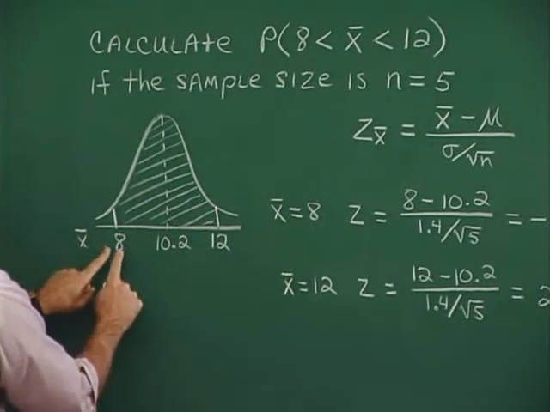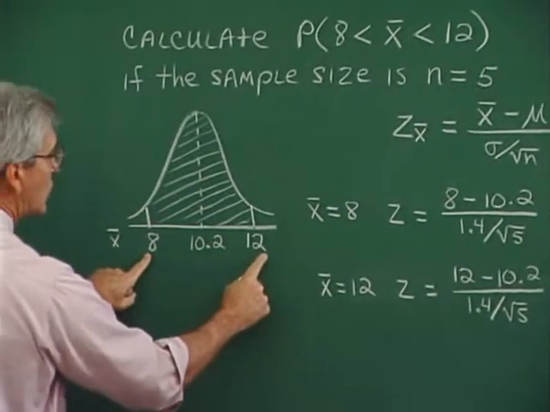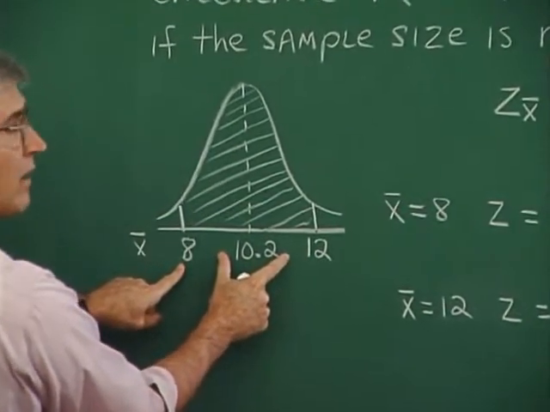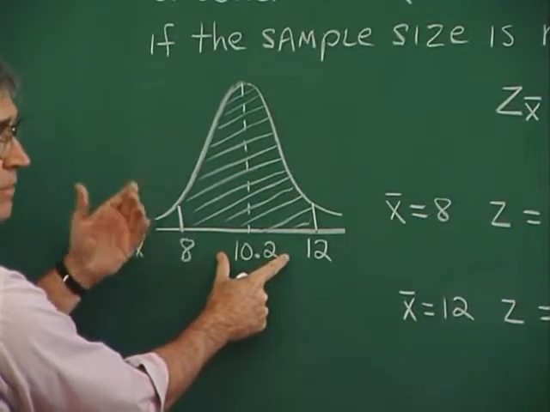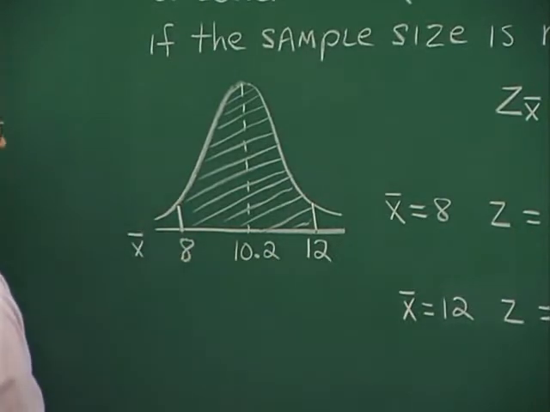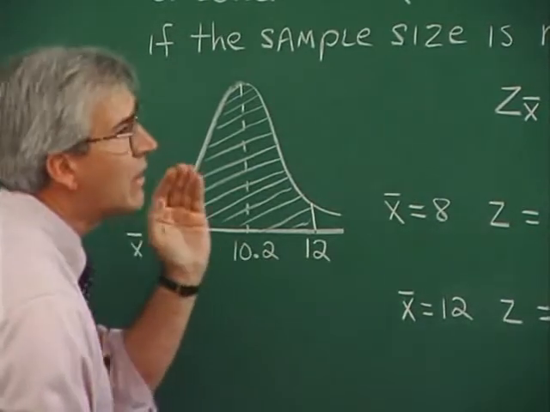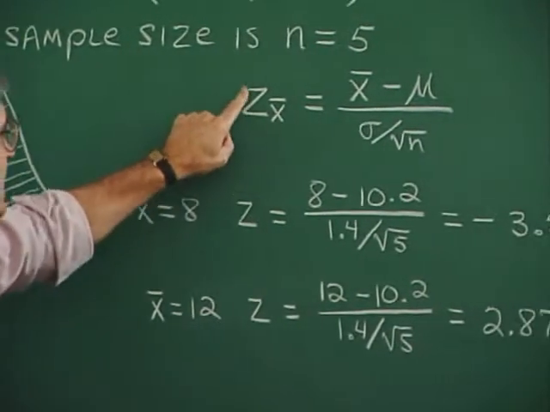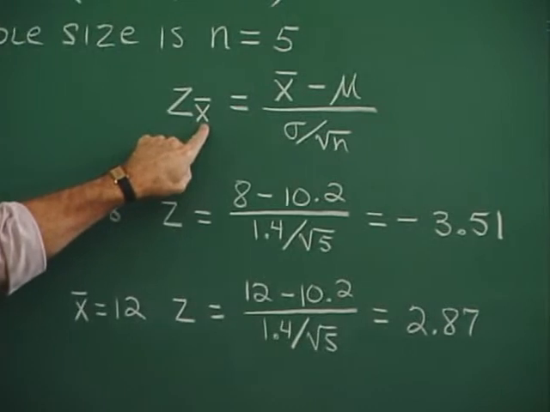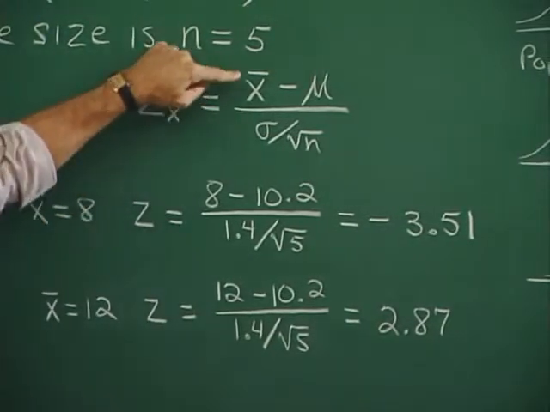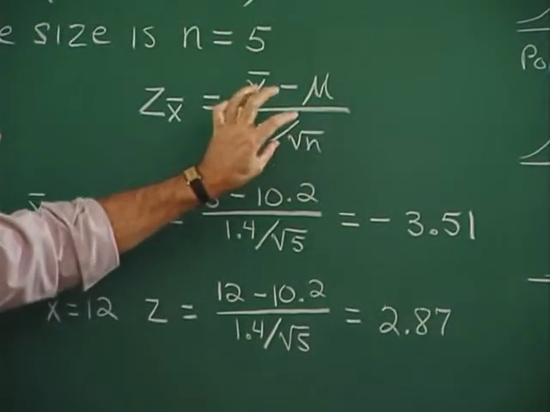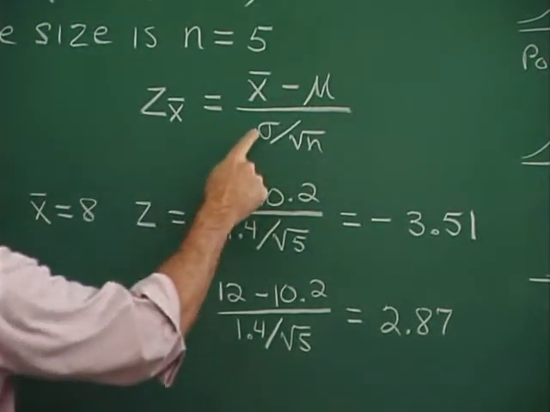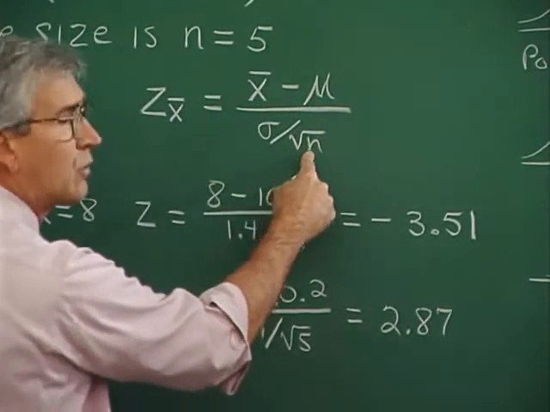X-bar values then of 8 and 12 is what we're talking about here. We know that the mean in our x-bar distribution is the same as the mean of the population, which is 10.2. Okay, now the z's in this x-bar distribution would be x-bar minus mu over the standard deviation of the x-bar distribution, which is standard deviation of the population divided by the square root of n.